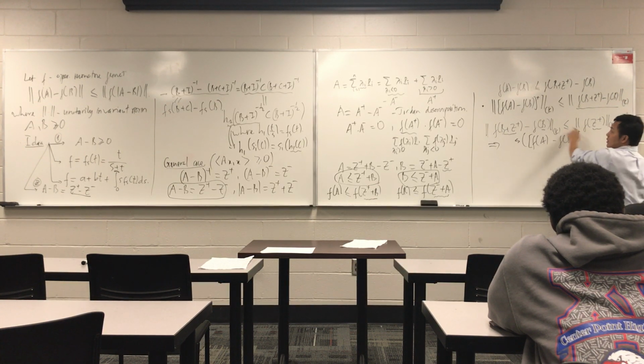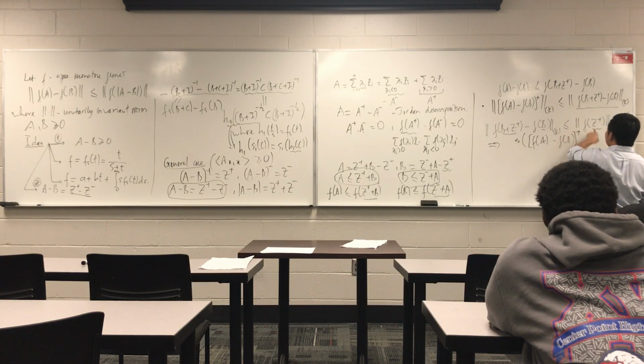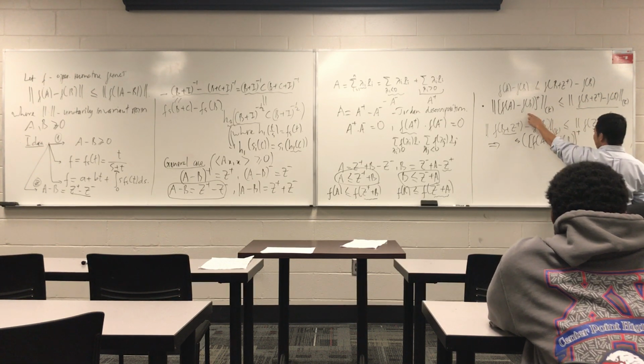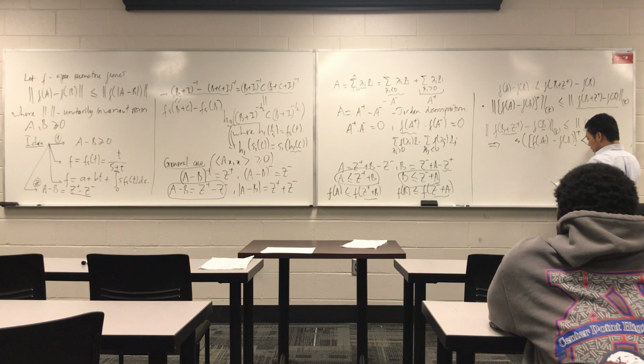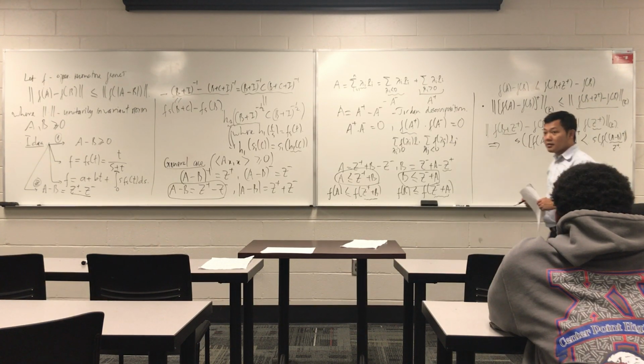You see, this is less than this, and this is less than this. So that means the first is less than the third, by transitivity. And then this is less than or equal to, with majorization, singular values of f of A minus B plus, or just, that is nothing but Z plus.